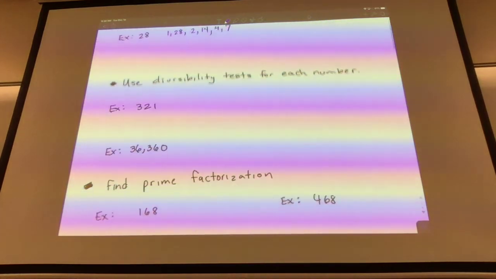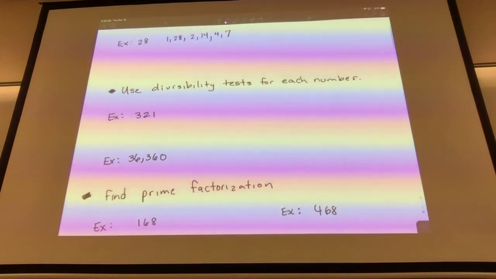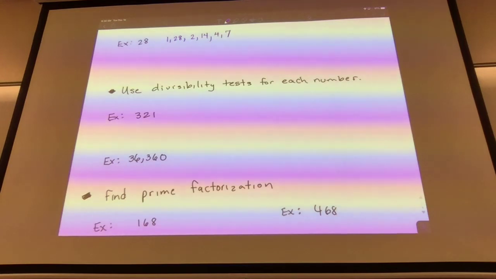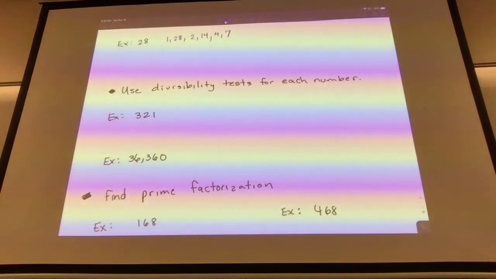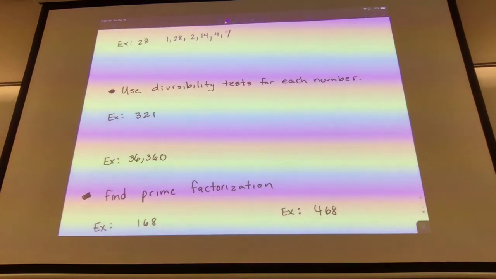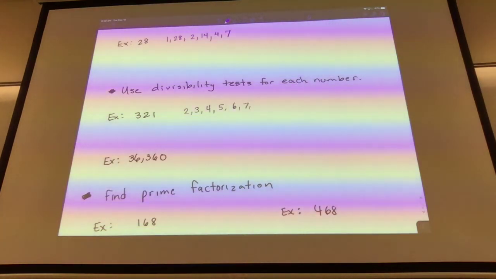And then another thing you'll be asked to do is to use the divisibility test for each number. So on that sheet, when we talked about all the divisibility rules, we want to use those for these. So when we start with the number 321, actually I'm just going to take a minute and write out all the ones that we looked at. So we looked at 2, 3, 4, 5, 6, 7.